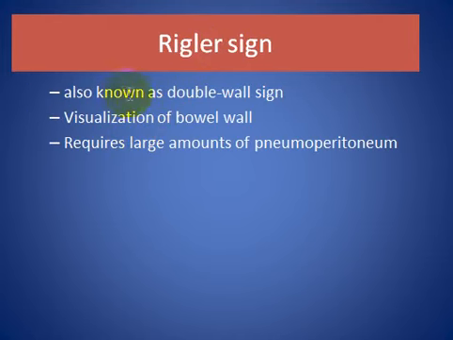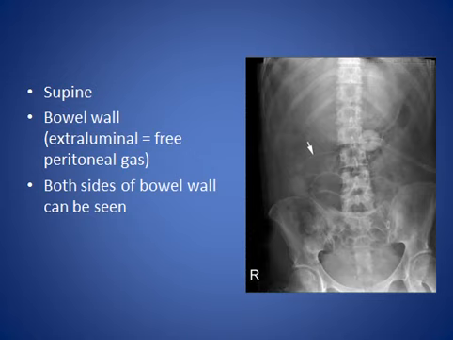Regular sign is also known as the double wall sign, and it means visualization of the bowel wall and requires a large amount of pneumoperitoneum.